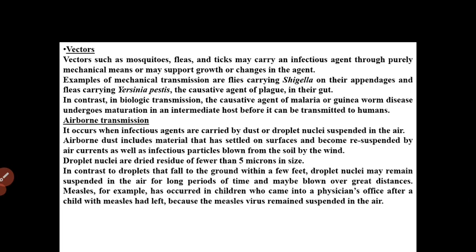Next, vectors. Vectors such as mosquitoes, fleas, ticks may carry an infectious agent through purely mechanical means or may support growth or changes in the agent. Examples for mechanical transmission are flies carrying Shigella on their appendages and flies carrying Yersinia pestis, the causative agent of plague, in their gut.